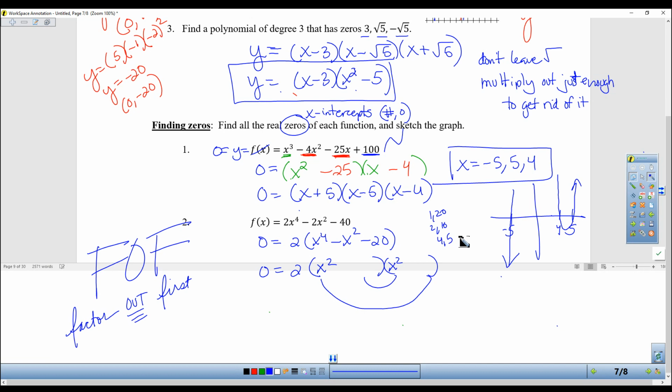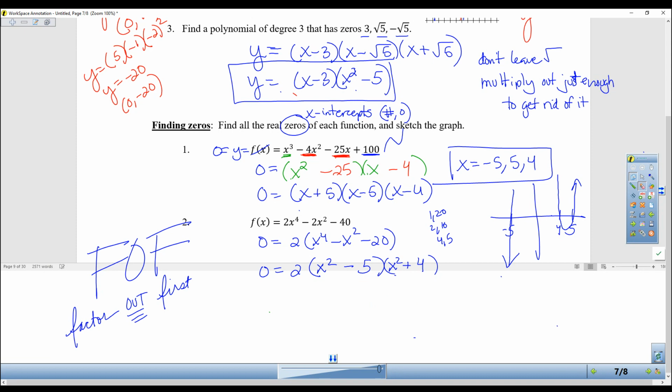I always start with the ones that are closest together, unless I can see that it's going to be something different right off the top. But I try 5 and 4. That gives me 5x squared and 4x squared. I need to end up with a negative 1x squared, which I can do if I make the 5 negative and the 4 positive.